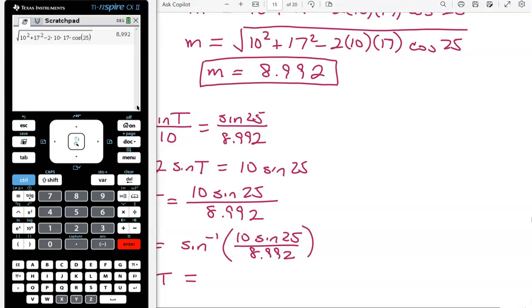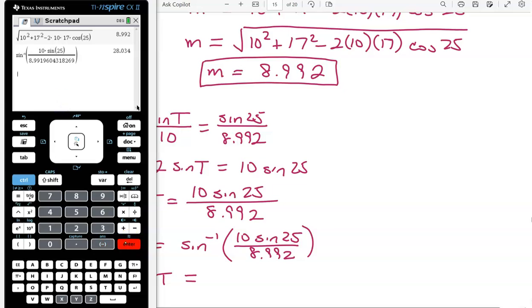That would be inverse sine. So I'll need my trig menu there. Inverse sine, use control divide for a fraction. 10 times the sine of 25 degrees divided by, and here instead of using the number 8.992, I'm going to use the answer from the calculator that's more accurate, or I'm going to use the answer feature.